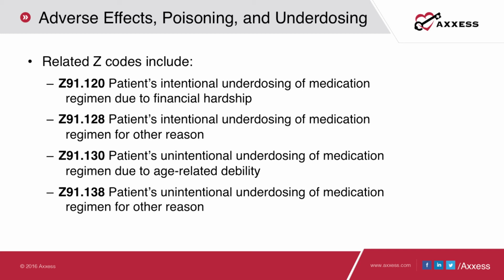Z91.128 is patient's intentional underdosing of medication regimen for other reason. Z91.130 is the patient's unintentional underdosing of medication regimen due to age-related debility. And last, Z91.138 is the patient's unintentional underdosing of medication regimen for other reason.